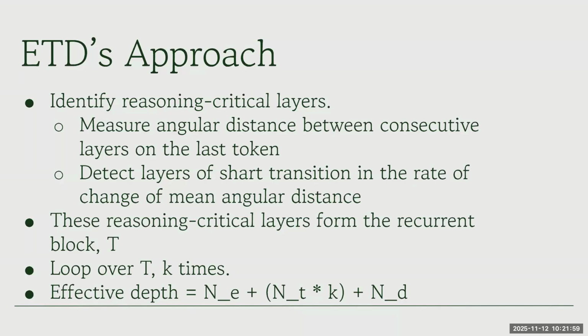So in this case, the effective depth will move from the number of layers for encode, number of layers for think, number of layers for decode, to k times the number of layers for think, because in a single forward pass, you loop through the think block k times. So basically you have a longer effective depth for the model.